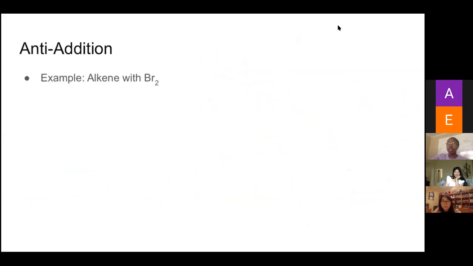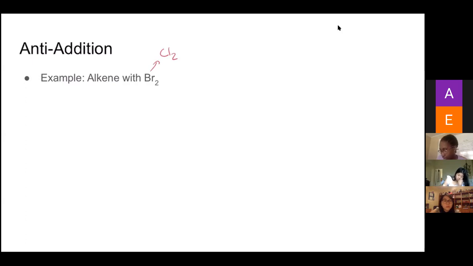So now that we've talked about a couple examples of Syn addition, I'm going to talk about anti-addition. A big example of anti-addition is having an alkene react with Br2 or Cl2. Both of these reactions occur in the exact same way.